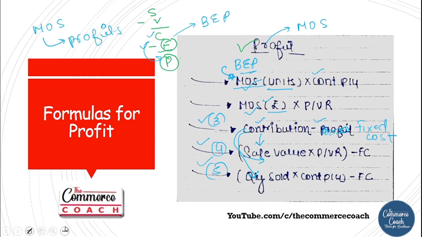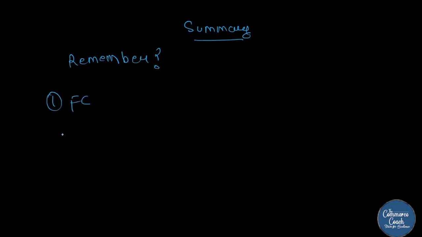Now what you have got from this, let me write a summary here. How can we remember, sir? Because there are a lot of formulas in the chapter of marginal costing. So fixed cost and profits.